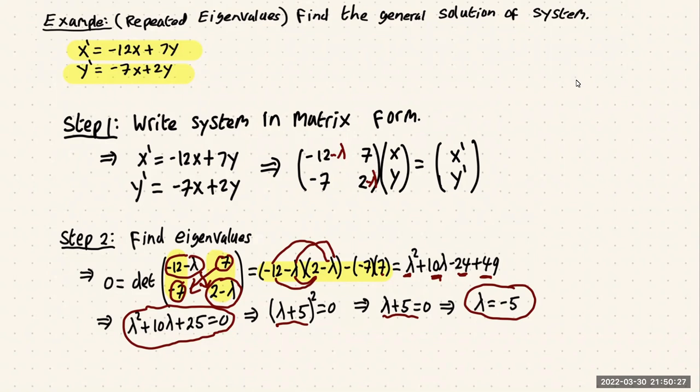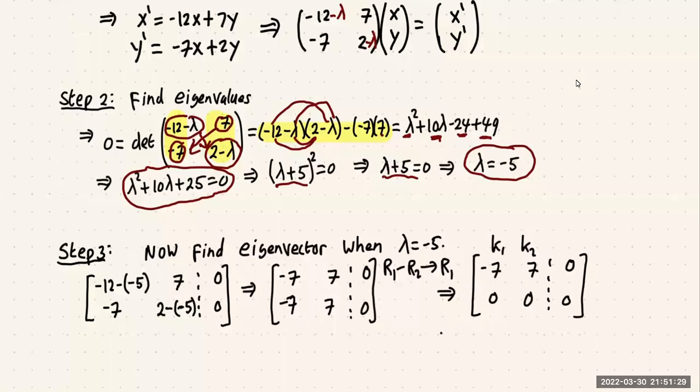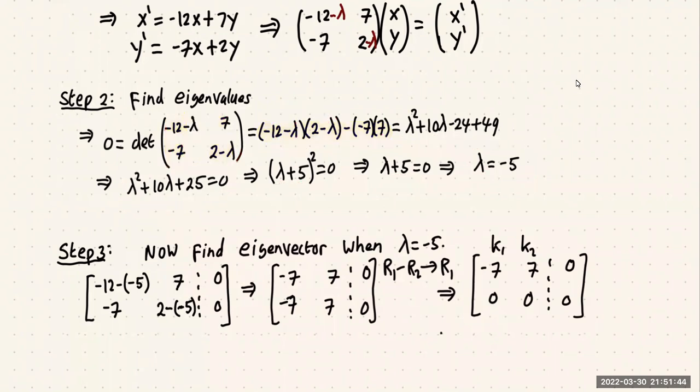Okay, so now let's look at the next step, step 3. We want to find the eigenvector corresponding to lambda equals negative 5. So let's do that. Okay, so now to find the eigenvector corresponding to lambda equals negative 5, let me just raise this stuff up here. We're going to put negative 5 in place of lambda here and here.